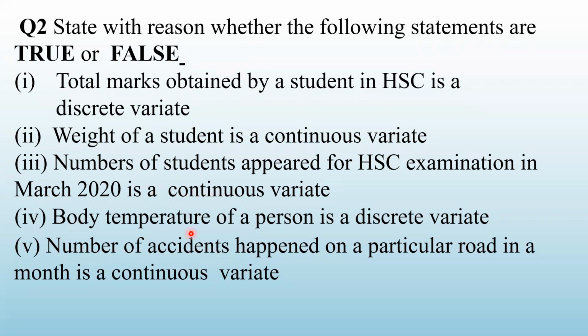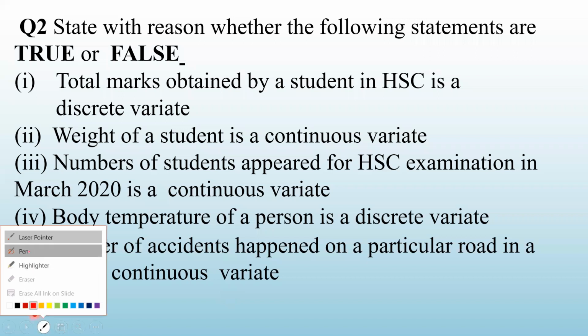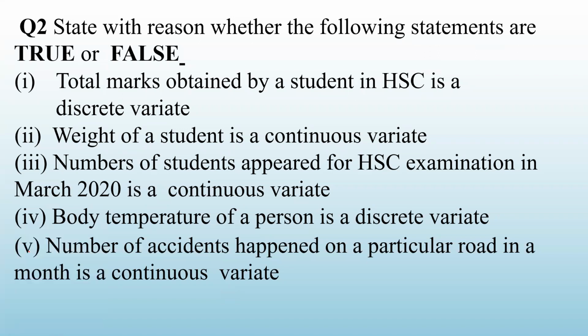What about body temperature? Body temperature of a person can be in decimal. You may have a temperature of, say, 100.3 if you are having a fever. So it is a false statement. It is a continuous value. Number of accidents happened on a particular road in a month is discrete, correct? So what we can say, total marks obtained by a student is discrete.